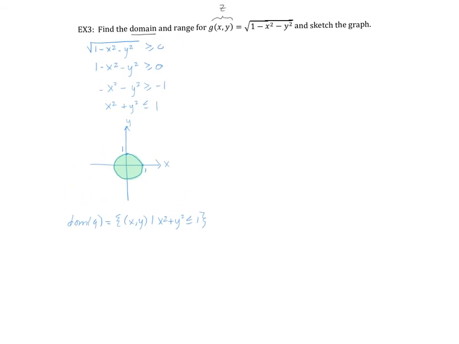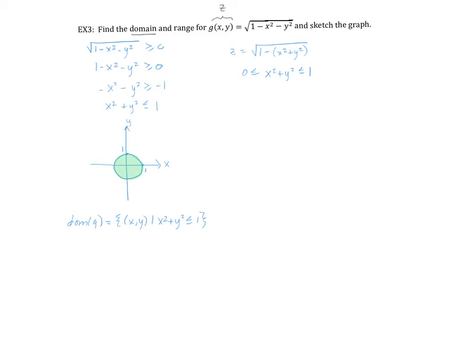So now I want to find the range. So this is z equal to the square root of 1 minus, if I factor out the negative, x squared plus y squared. And I know that my x squared plus y squared is less than or equal to 1, which also tells me that x squared plus y squared is greater than or equal to 0, right?